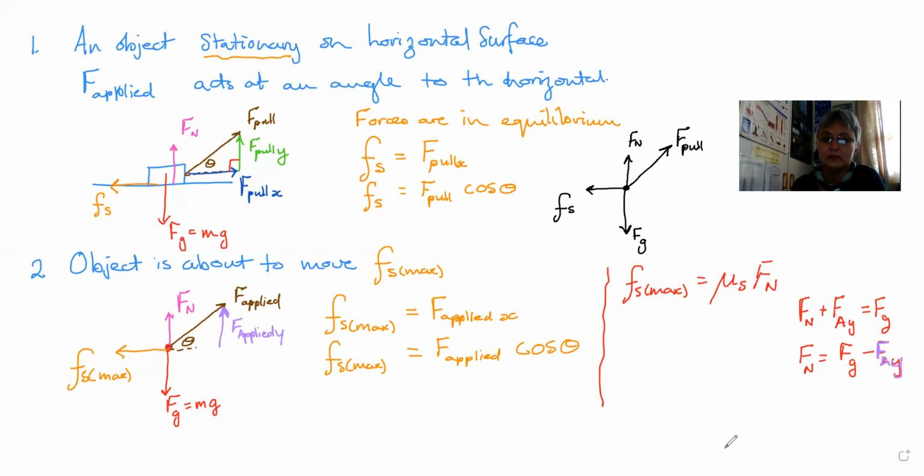So our normal force here is equal to the mass times gravity for gravitational force, minus F applied sine theta. So Fs max is mu s times mg minus Fa sine theta. Sorry for squashing everything together. So this is another equation for calculating the maximum static friction.